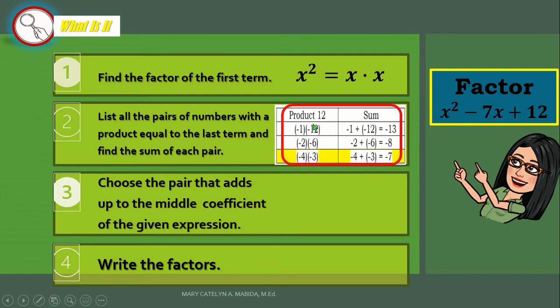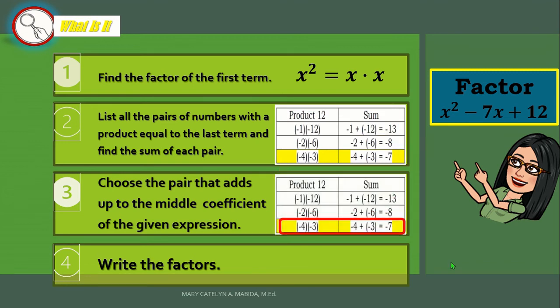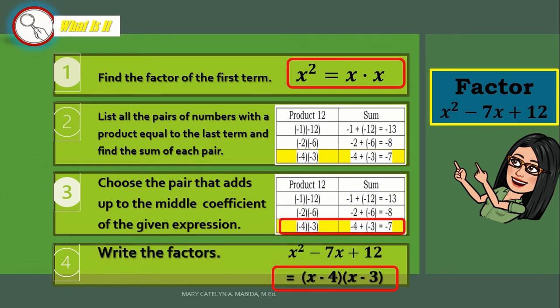So which pairs here will give you a sum of negative 7? That is right. It is negative 4 plus negative 3 is equal to negative 7. And that is our step number 3. Lastly, we write the factors like so.